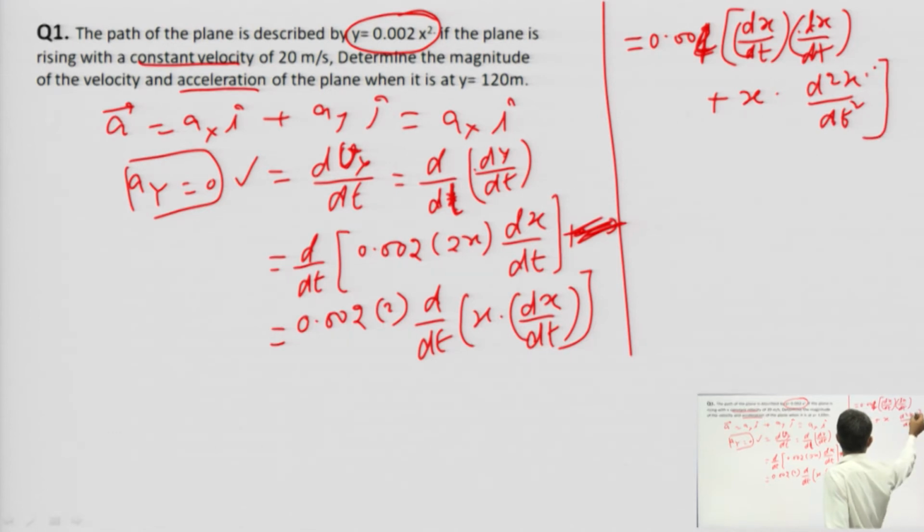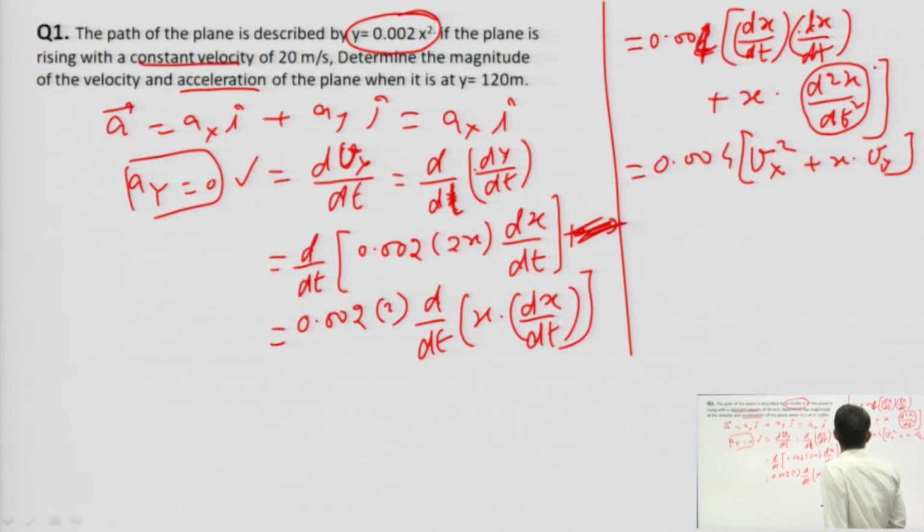So that is what? So it is Vy, it is 0.004 dx by dt, it is Vx square, plus x into d2x by dt2, no, this is ax, this is ax.